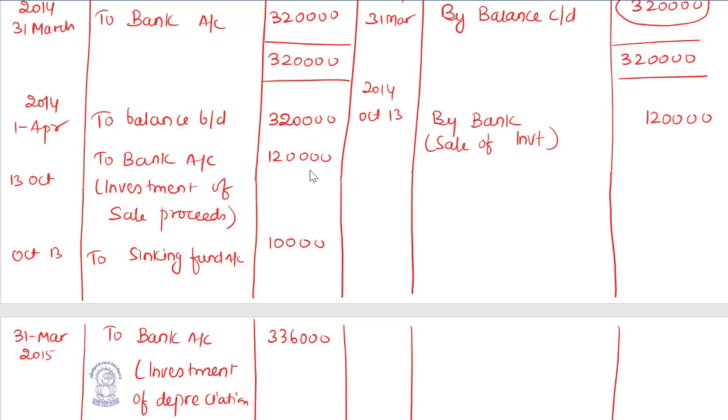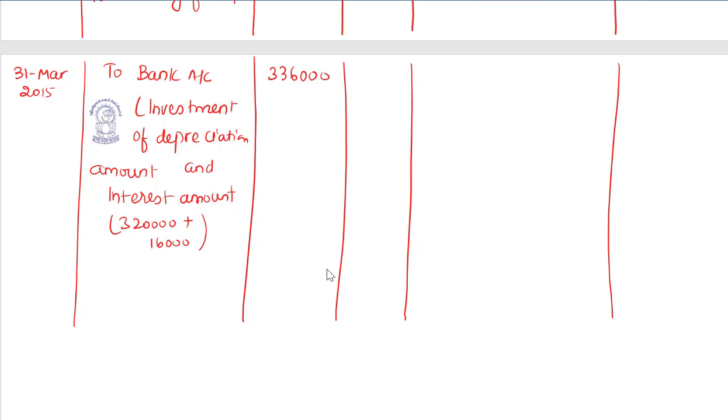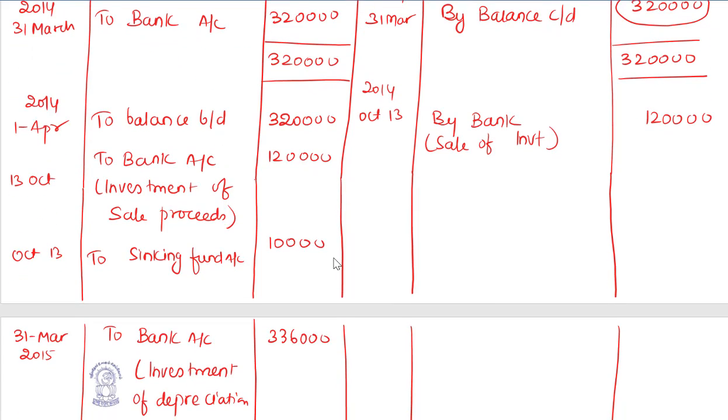Let us do the totals. 3,20,000 plus 1,20,000 plus 10,000 plus 3,36,000. Total is 7,86,000, minus 1,20,000. Balancing figure 6,66,000.